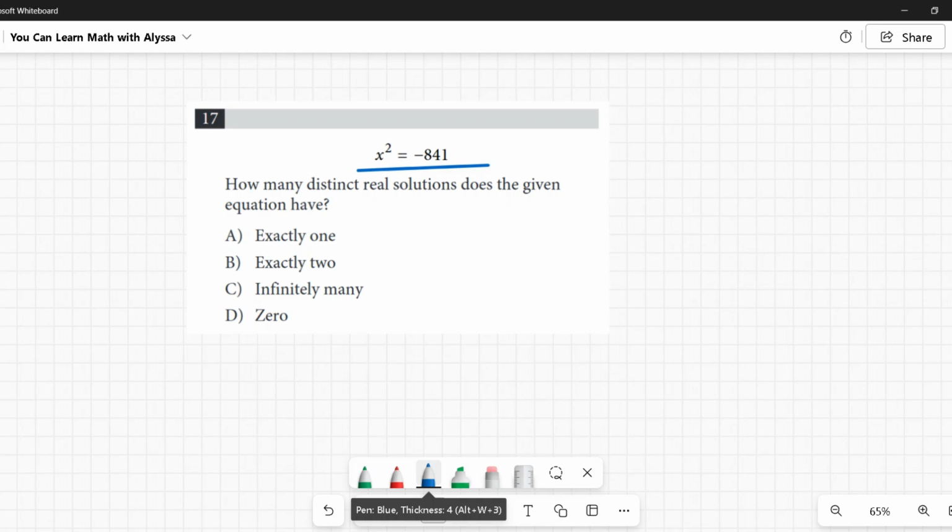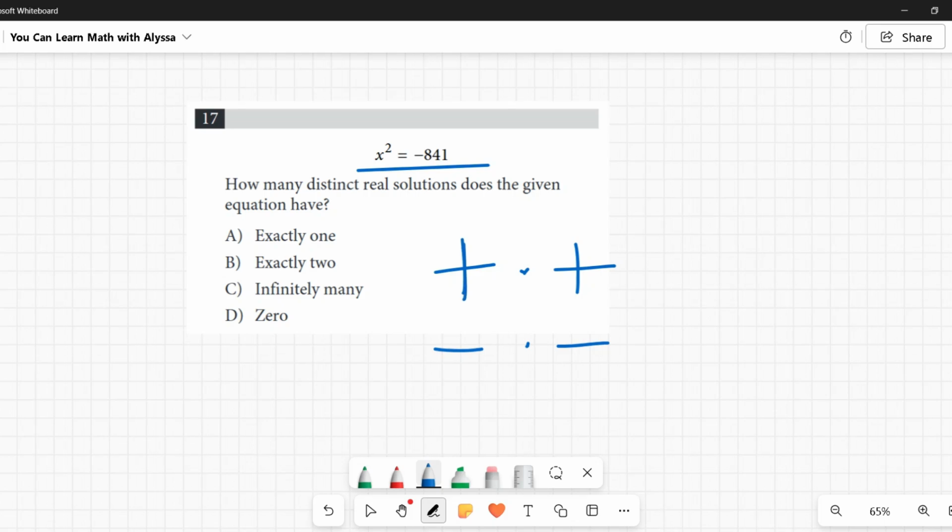Is there any real number that we can square to get a negative? No. It's impossible. It's going to be a positive number times a positive number or a negative number times a negative number, because that's what a square is: the same number times itself. Those are the only two options when we're talking real numbers.